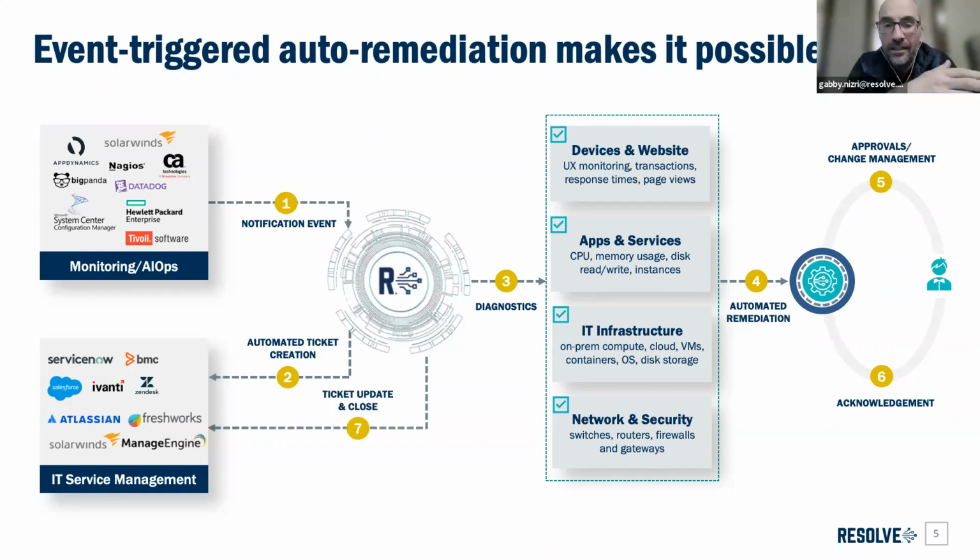Everything is gathered and collected and then pushed back to the service management tool, so all the data is documented. Every process is audited in order to see everything we are doing throughout the automated process. And finally, after a complete resolution, we close the ticket, dismiss the alert, and close the loop.